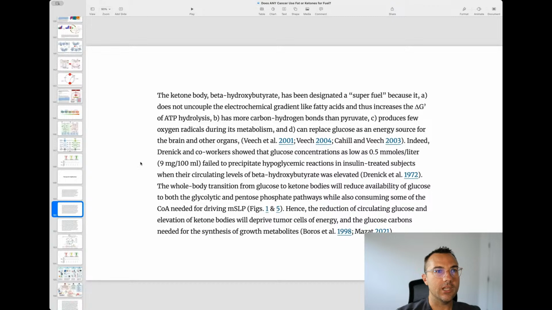D, can replace glucose as energy source for the brain and other organs. Indeed, Drenick and co-workers showed that glucose concentrations as low as 0.5 millimoles per liter, aka 9 milligrams per deciliter, failed to precipitate hypoglycemic reaction in insulin-treated subjects when their circulating levels of beta-hydroxybutyrate were elevated.